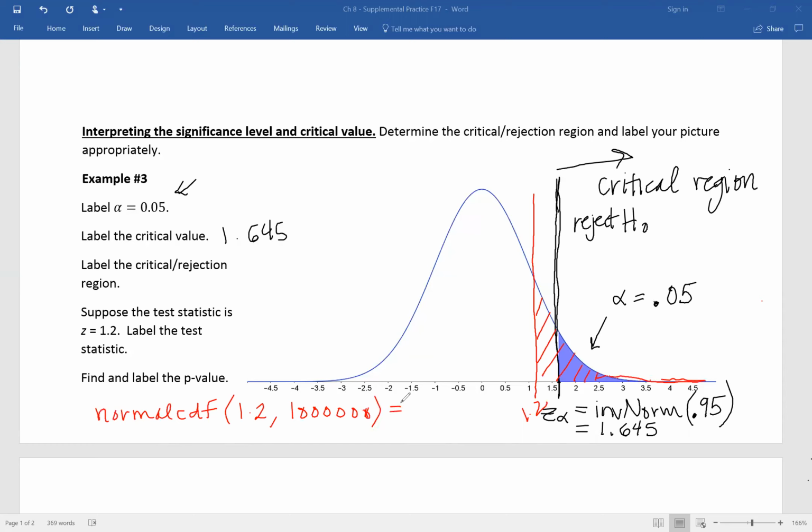If we did that and rounded to 4 decimal places, we would get 0.1151. We can see that red shaded area is larger than the significance level alpha. So that is also another way we can decide whether to reject or fail to reject our null hypothesis.